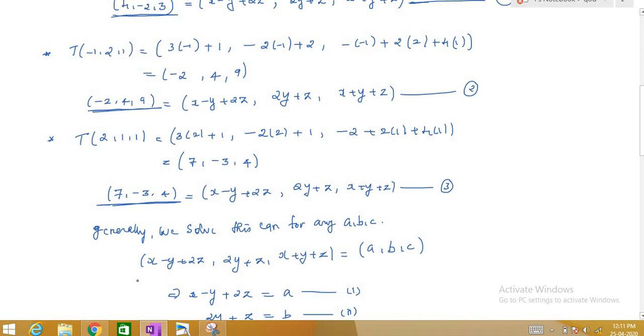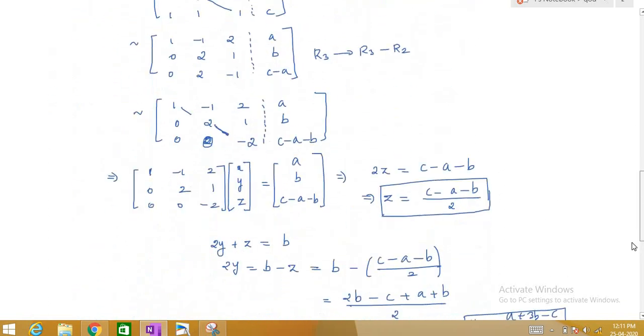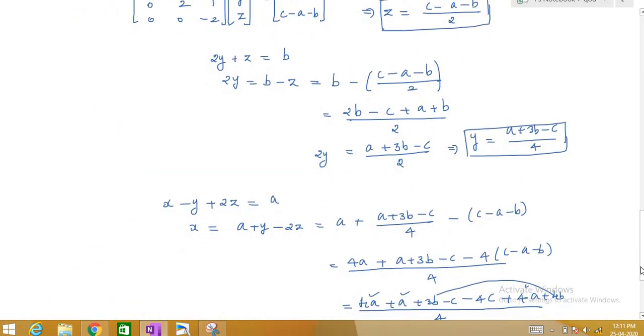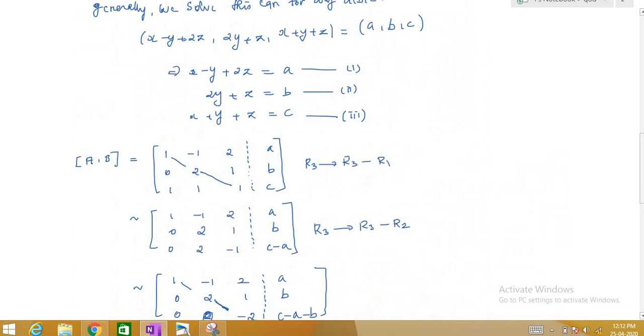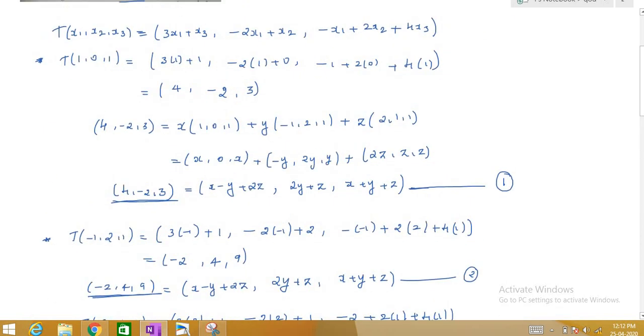If you do this, you have to do this three times. So what I can now do is, I have found our x, y, z. In order to find this x, y, z, here a is 4 and b is minus 2 and c is 3. So we have to find x, y, z here, right?